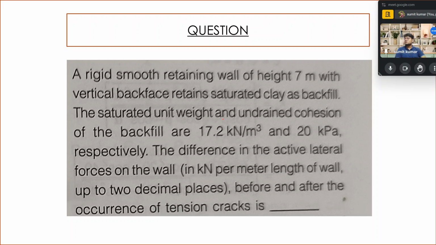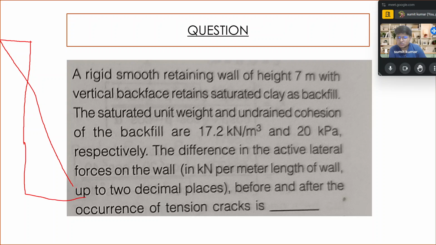Okay, so as you know, when you draw the graph like this, you plot everything, you get the graph like this. You know the value of this and this, for 2c by gamma root k, and tension crack is up to this depth.